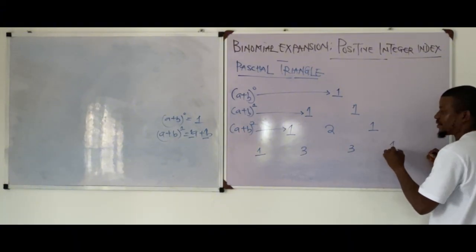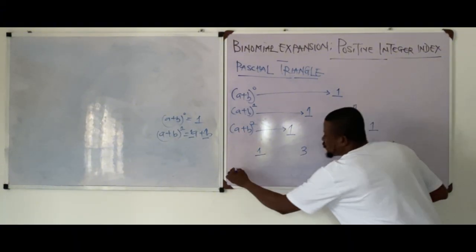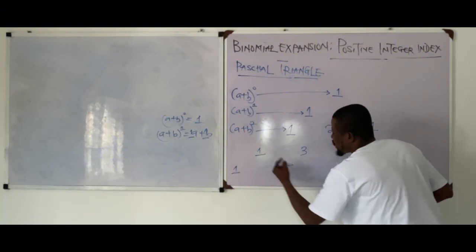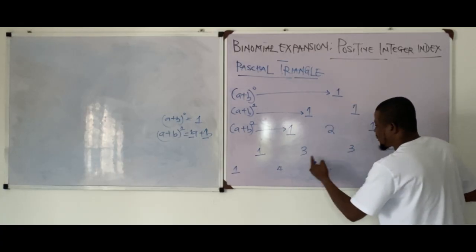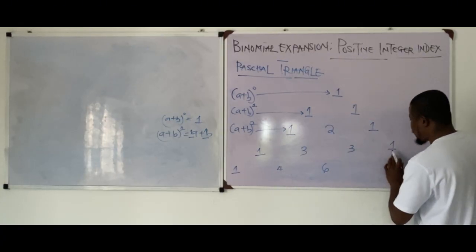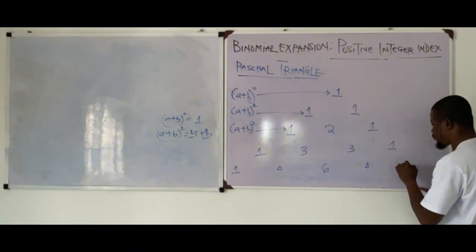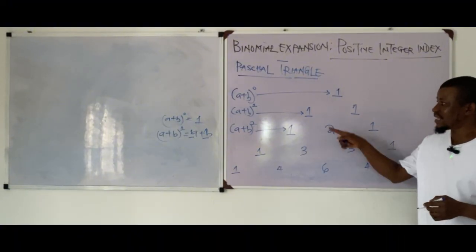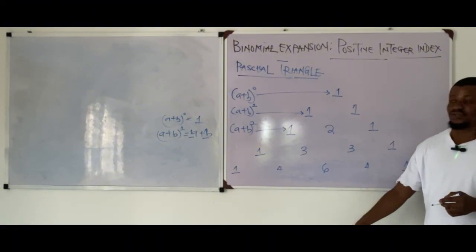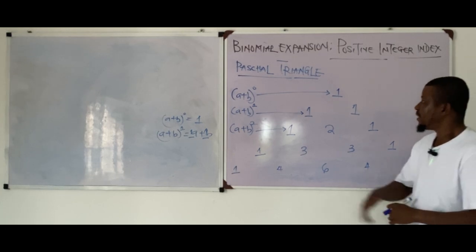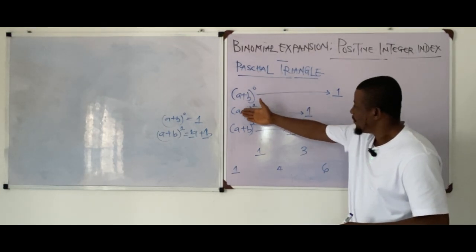Then I'll drop 1. It continues that way. I'll drop 1 here. 3 plus 1 is 4. 3 plus 3 is 6. 1 plus 3 is 4. I drop 1. I can keep on building this as it goes. So that's what Pascal triangle does. It gives you the coefficients of this binomial expression.